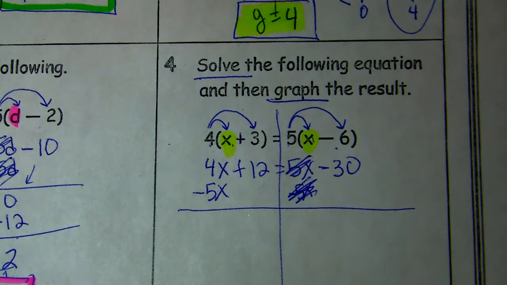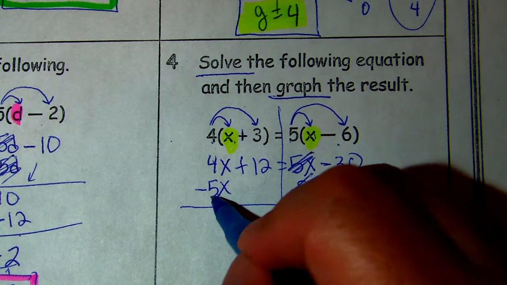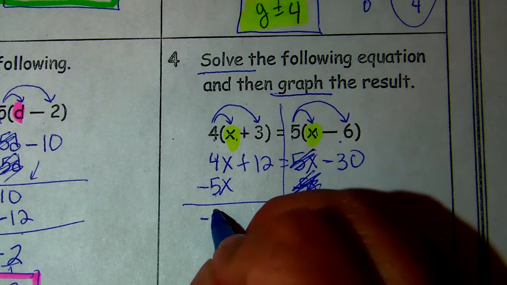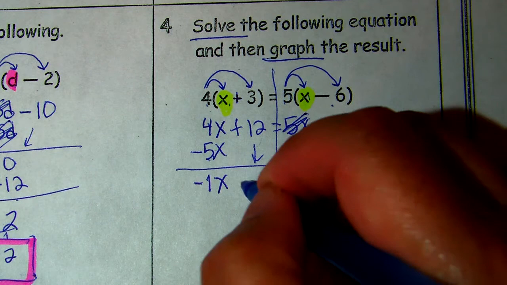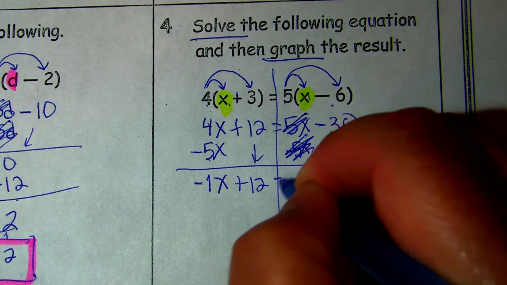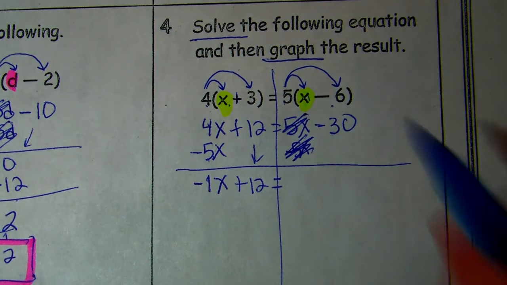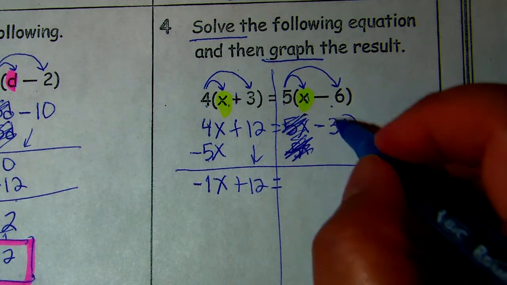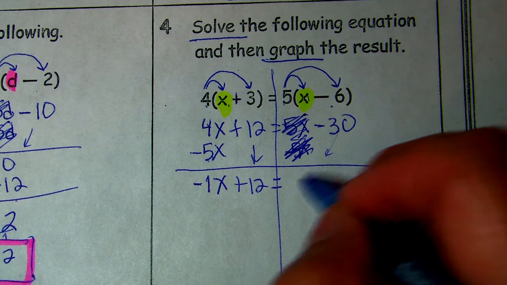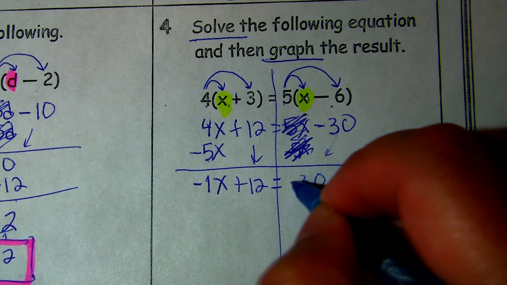Because letters go with letters, numbers with numbers. 4 minus 5, negative 1x. Bring down the 12. This is equal to, these two are gone, they were canceled, so bring down the negative 30.